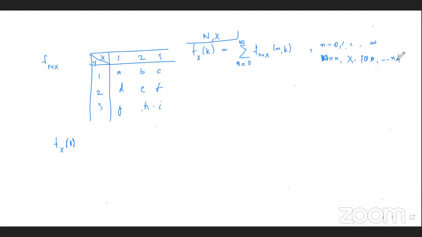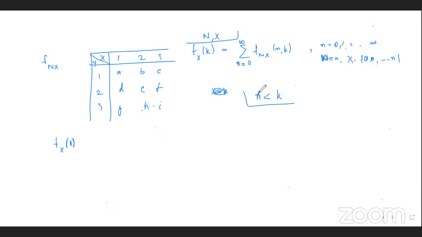Now, let's say x is taking the value k. If n is less than k, it means the number of tosses is greater than the value of n.